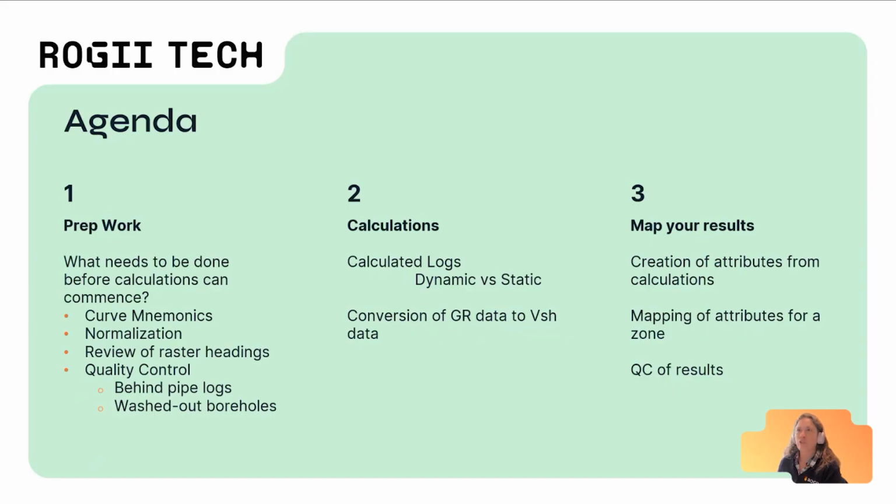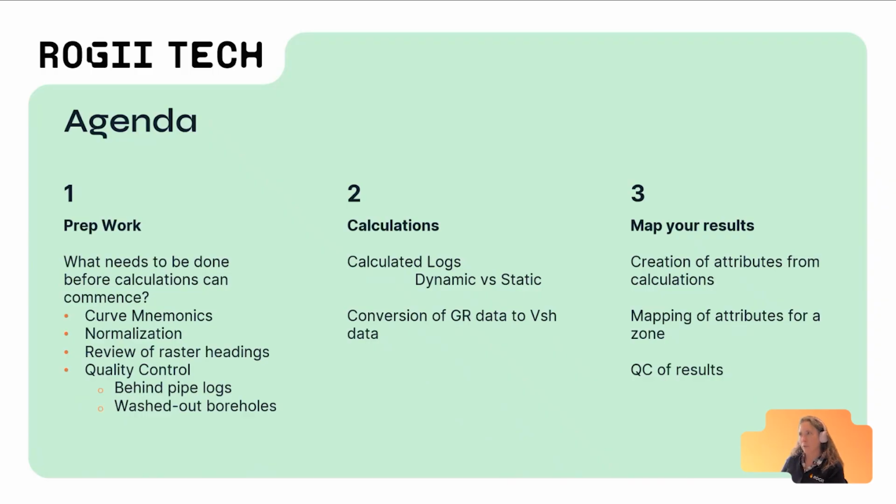I'm going to talk to you first about some prep work, what needs to be done before you can calculate these different curves. We need to talk about curve mnemonics, normalization, some quality control. These are all pretty basic things that you may already do with your data set. Second, I'll talk about the calculated curves themselves.